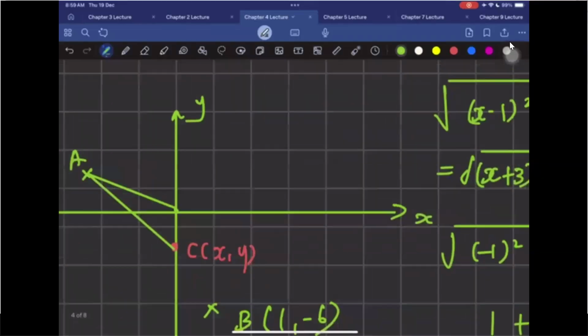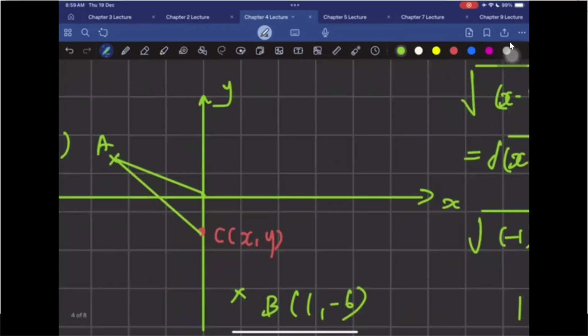Yeah, so, to tackle this question, just treat it like a normal triangle. So you can use the formula half times base times height.